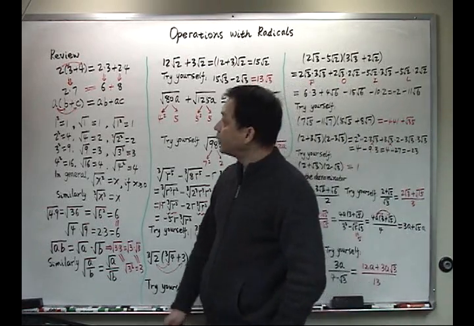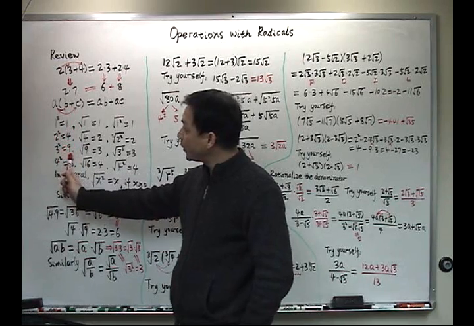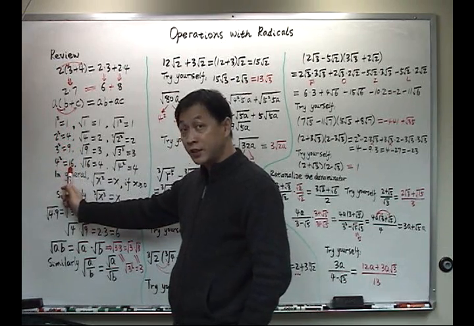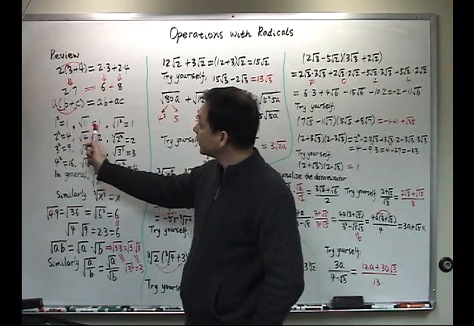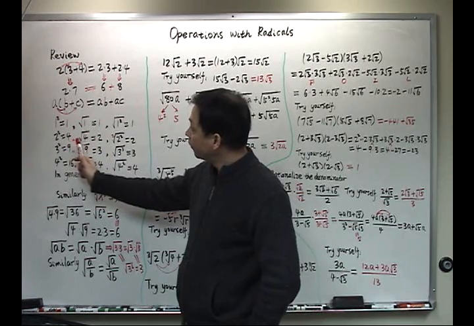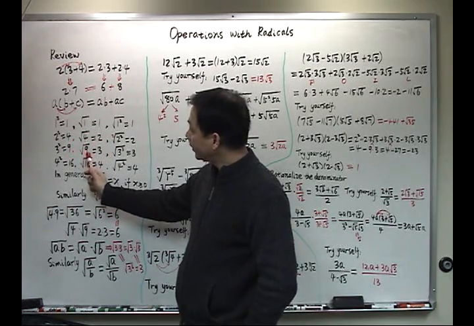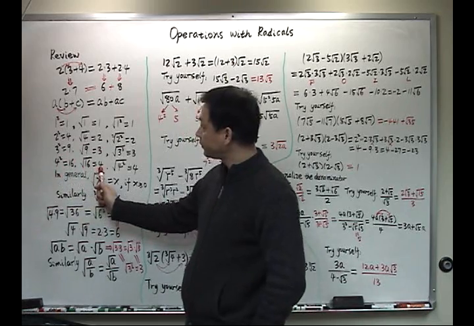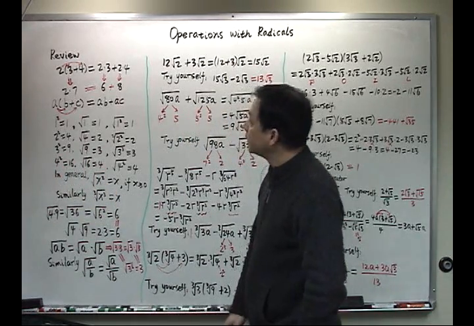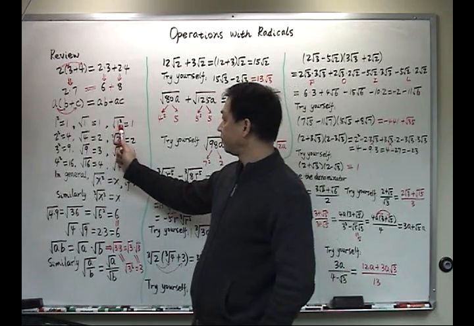Another thing is that 1 squared is 1, 2 squared is 4, 3 squared is 9, 4 squared is 16. By definition, radical 1 is 1, radical 4 is 2, radical 9 is 3 here, and radical 16 goes back to 4. Okay? We also know 1 squared is 1.